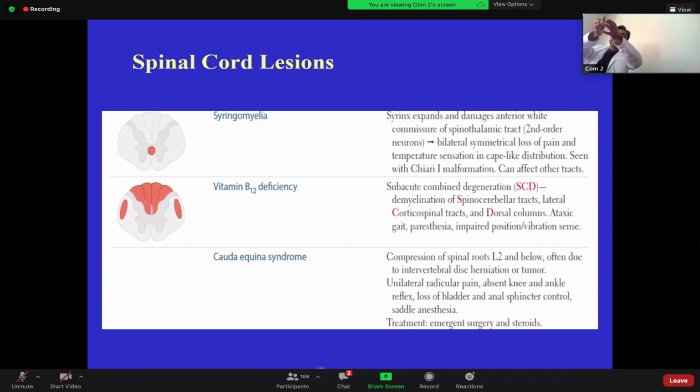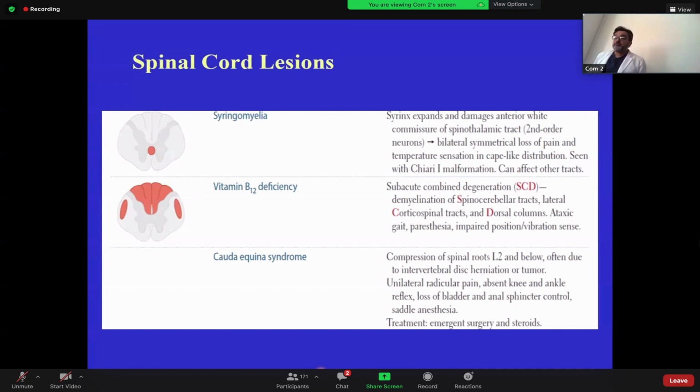Now, as there is dilatation of the central canal, the fibers of the spinothalamic tracts, which were crossing just in front of the central canal, are going to be affected. So if they are affected, what would happen?